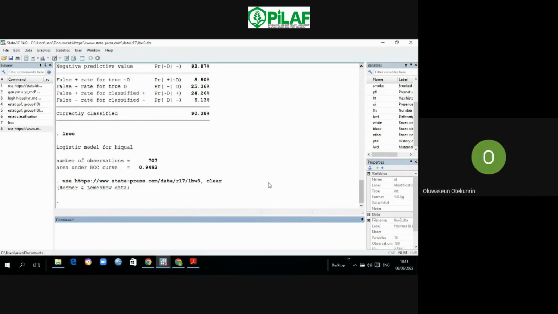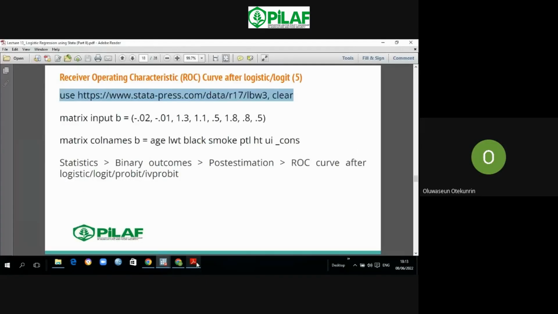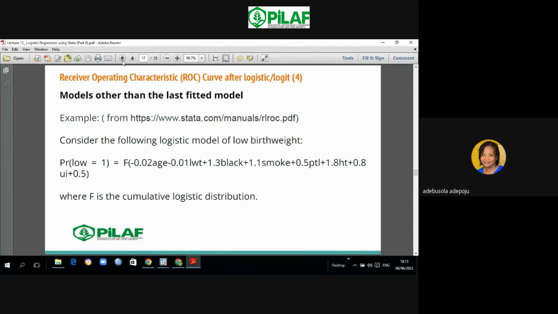Now let's go to the next line in slide 18. That next line is matrix input. We input all this manually, as we have done before. This B is talking about the coefficients we considered in the previous slide: minus 0.02, minus 0.01, 1.3, 1.1, 0.5, 1.8, 0.8, and 0.5.